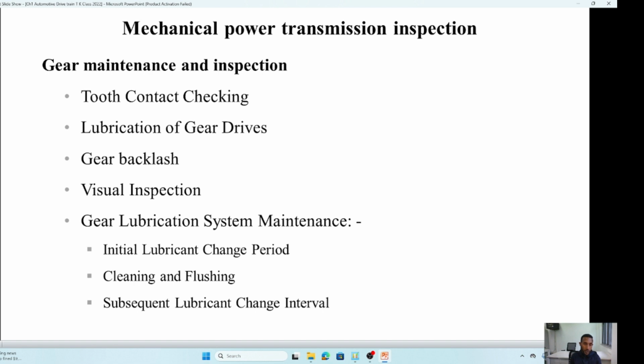In this part, different things are done, especially in gear maintenance and inspection.